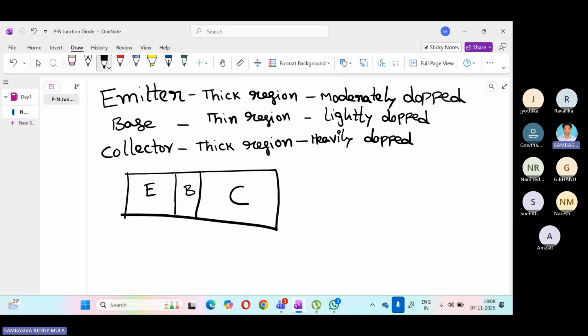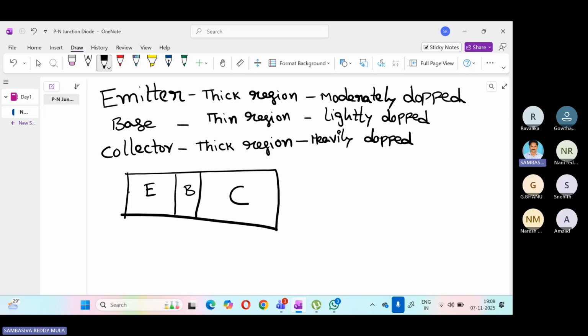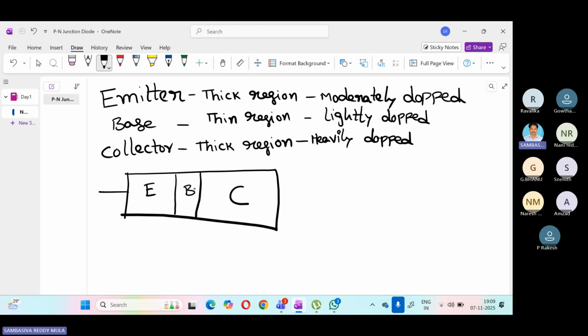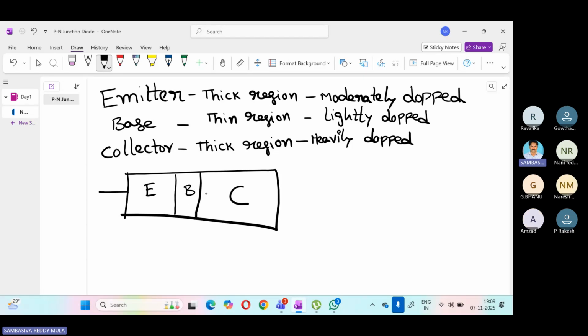In this diagram, we can understand that the emitter is somewhat thick compared to the base region. The base is a very small region when compared to emitter and collector. The collector is a larger region. So this is the correct representation.